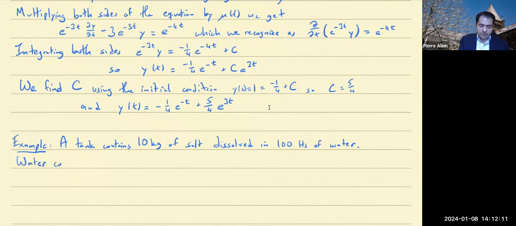Then water containing 0.001 kilograms of salt per liter flows into the tank at a rate of 10 liters per minute.